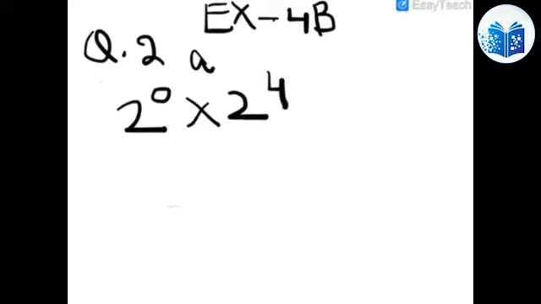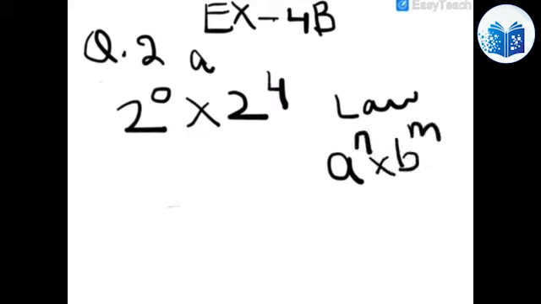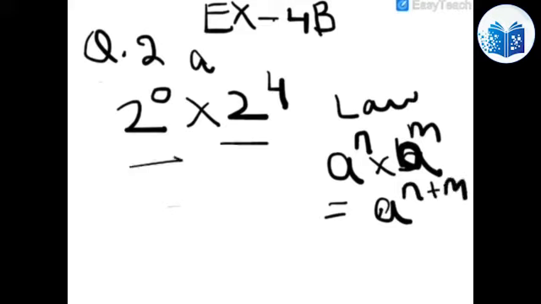Now, if you remember, what is law number 1 which we did? a power n multiplied by a power m will be equal to a power n plus m. So here we have law number 1, and at the same time, we have the 0 indices law. 2 power 0 will become 1.